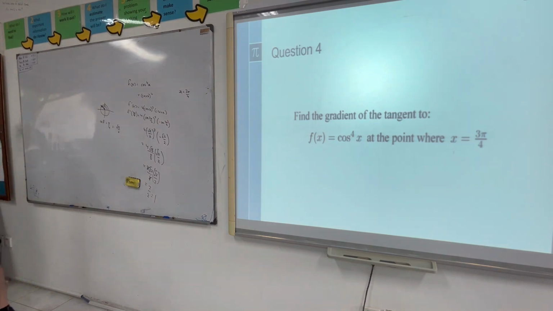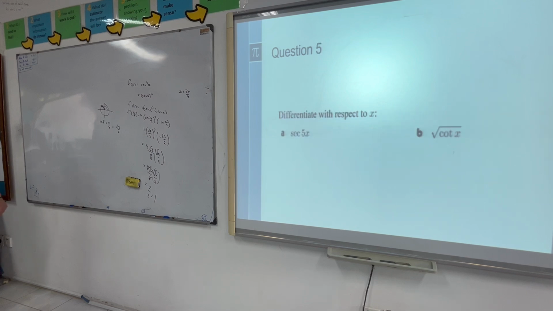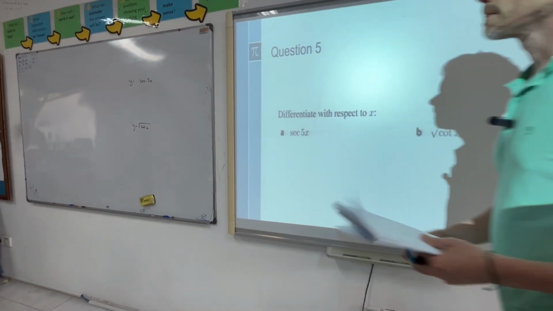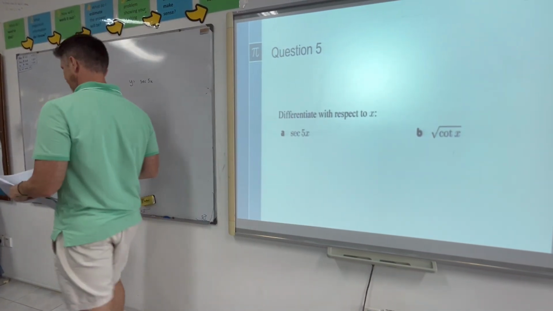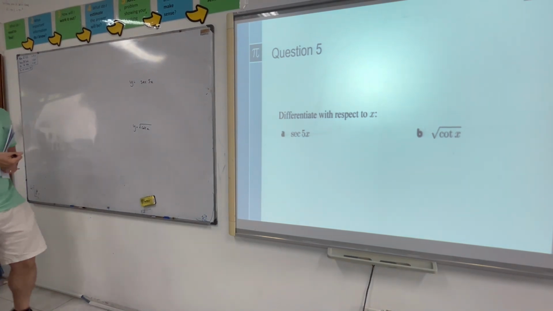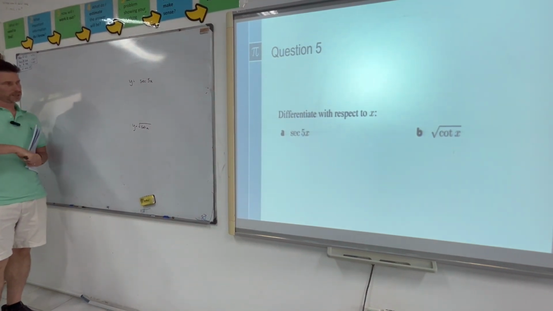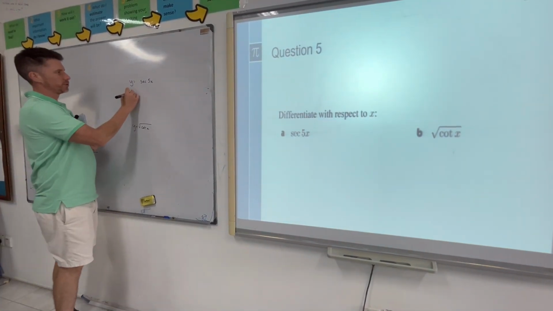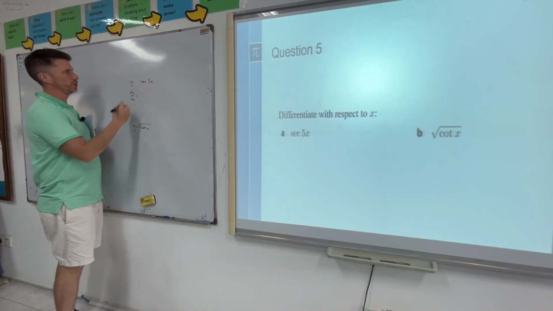Okay, let's look at question 5. All right, so looking at our reciprocal functions for trig now. The derivative of this, you'll probably go to your formula booklet just to make sure.